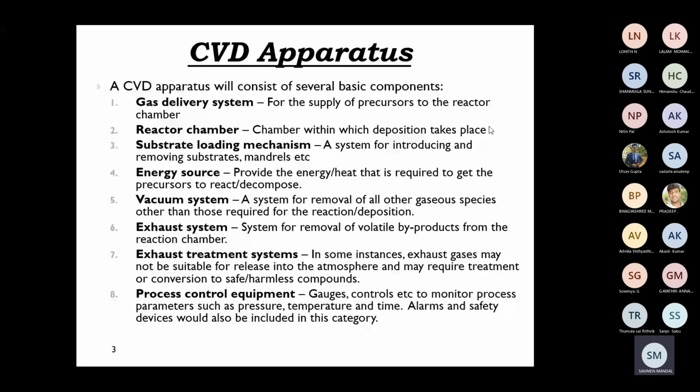The energy source should provide energy or heat, which is required to get the precursor to react or decompose. Then the vacuum system, a system for removal of all other gaseous species, so you immediately need to evacuate the chamber, and only then the process gas is purged. Then the exhaust system, where the byproducts are volatile and need to be cleaned, so an exhaust system is required.